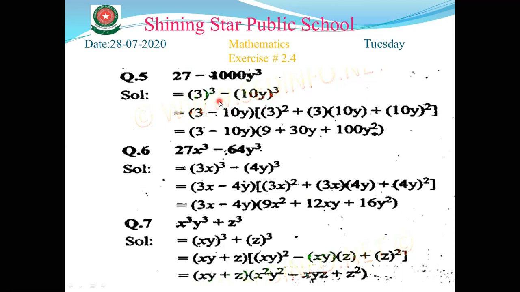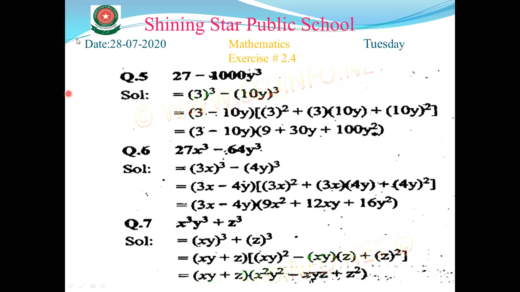So, a cube minus b cube equal to a minus b into a square plus ab plus b square. a is 3, b is 10y. So a square means 3 square, ab means 3 multiplied 10y, plus b square means (10y) whole square. So 3 minus 10y, 9 plus 30y plus 100y square, which is your required answer of question number 5.